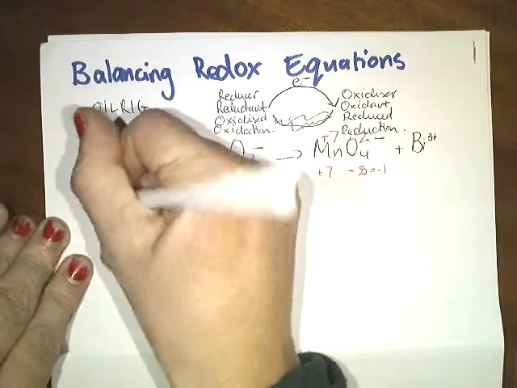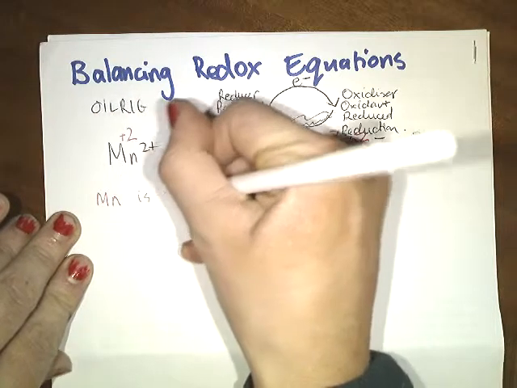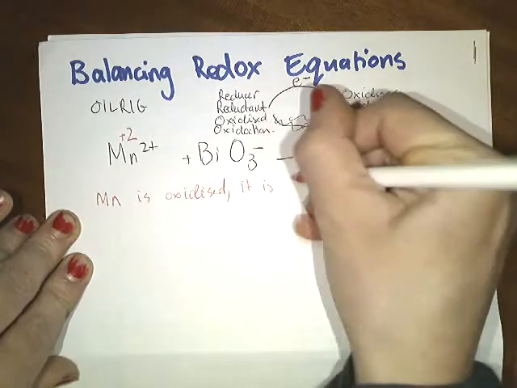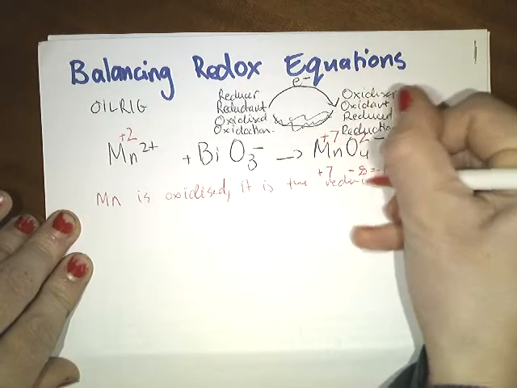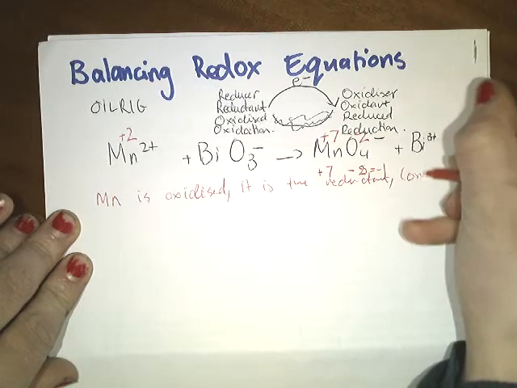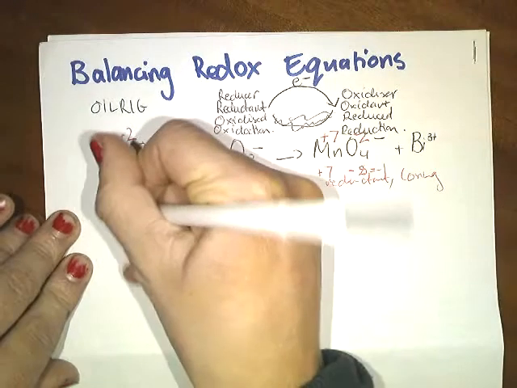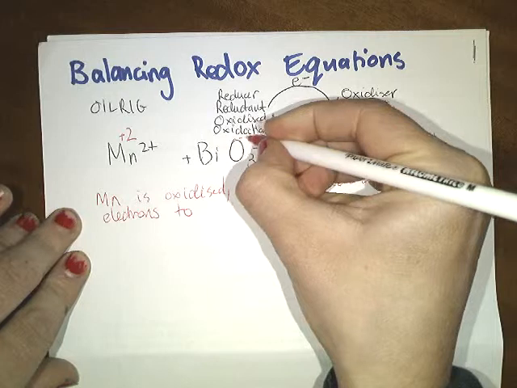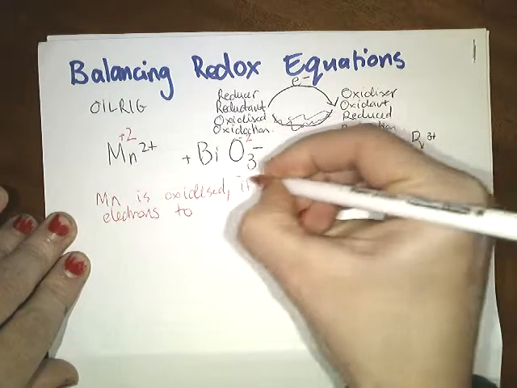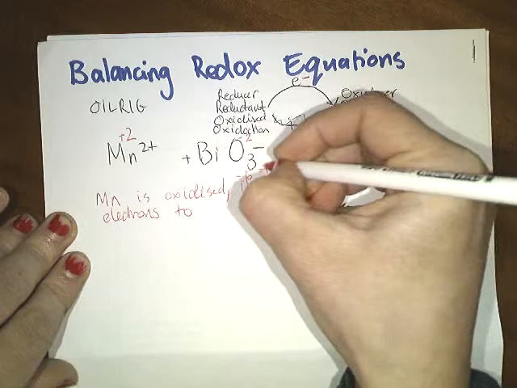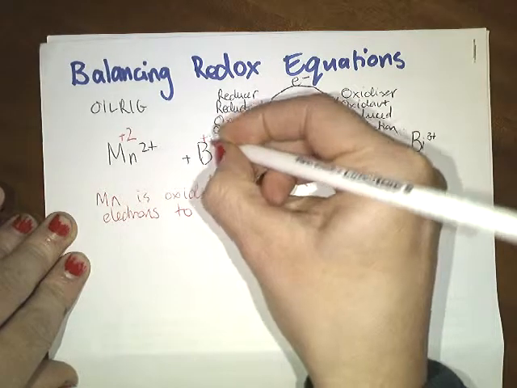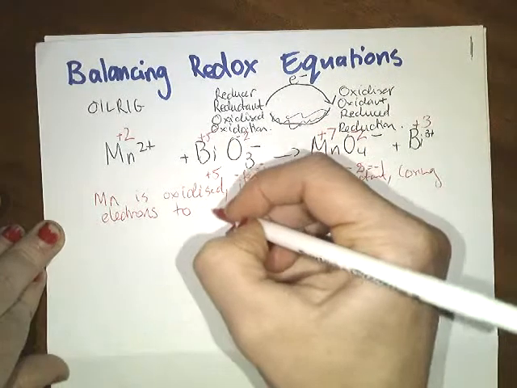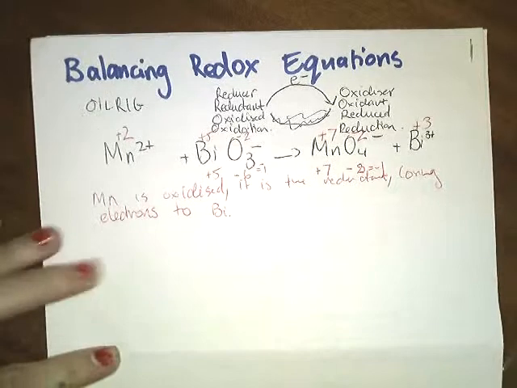So Mn is oxidized, it is the reductant, losing electrons to, now let's work out, so this is minus 2, minus 1, minus 6, minus 1, so plus 5, so it goes from plus 5 to plus 3, so that's reduced, so losing electrons to bismuth.